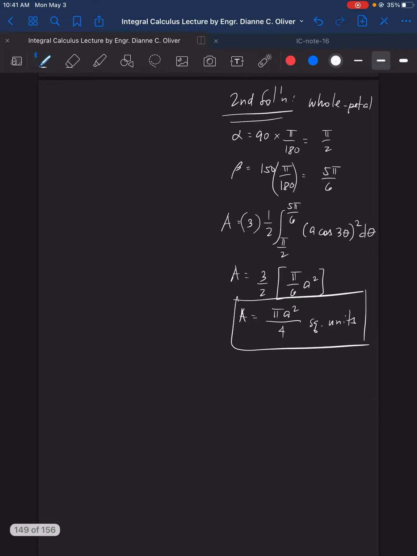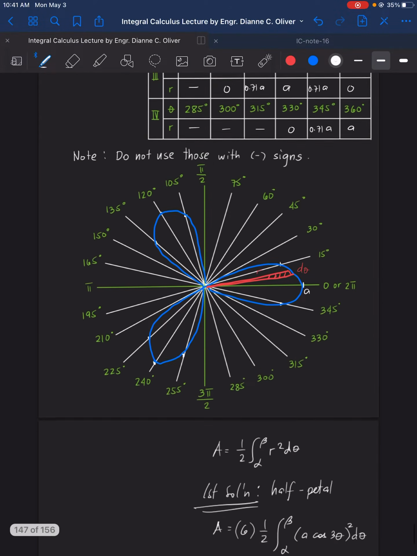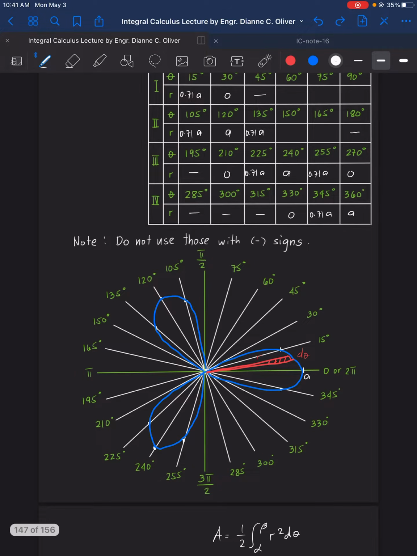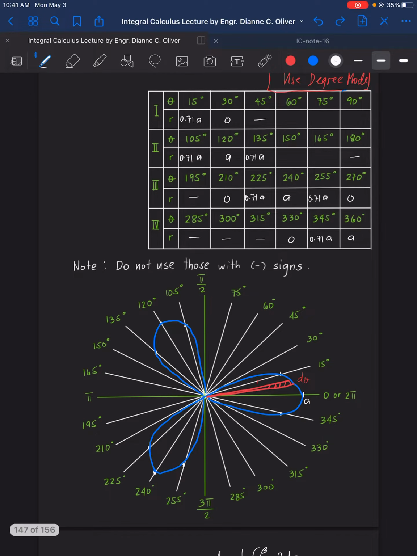Now for the third solution. If you consider the petal here at the third quadrant, this is a practice on how you determine your limits, alpha and beta. If you're going to use the petal on the third quadrant, the 0 to 0 here is 210 and 270.